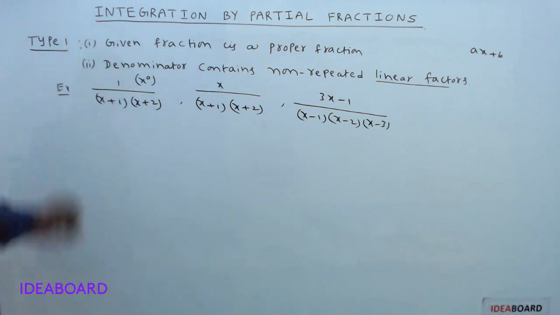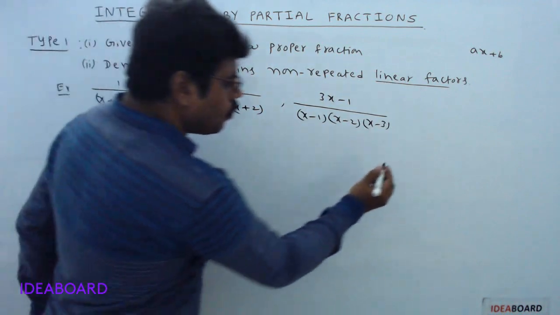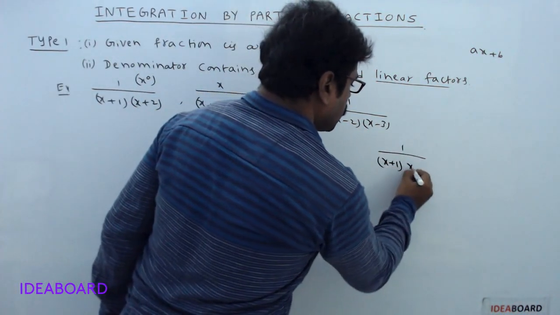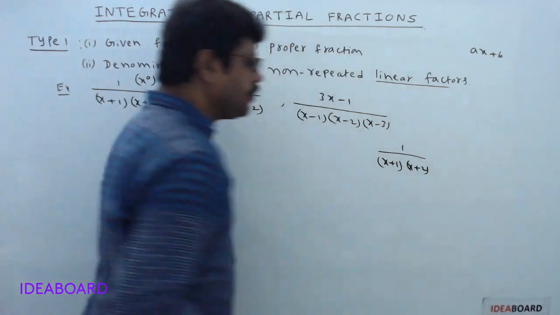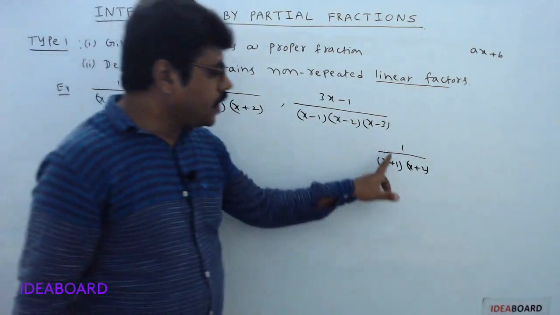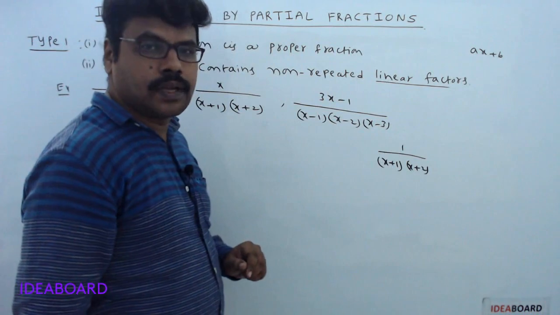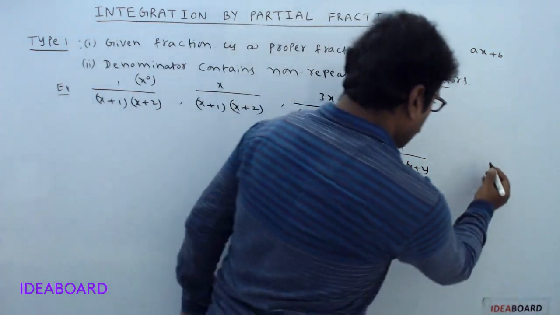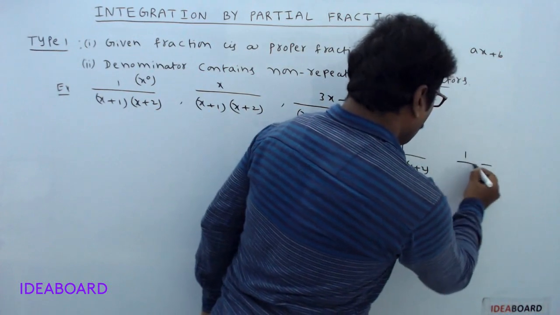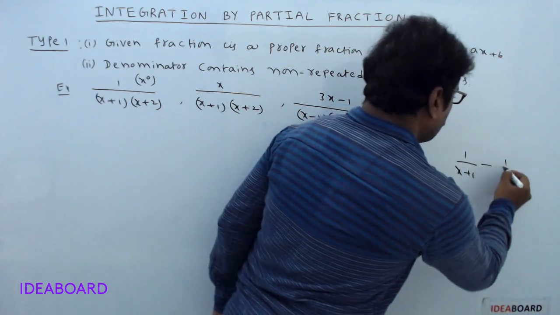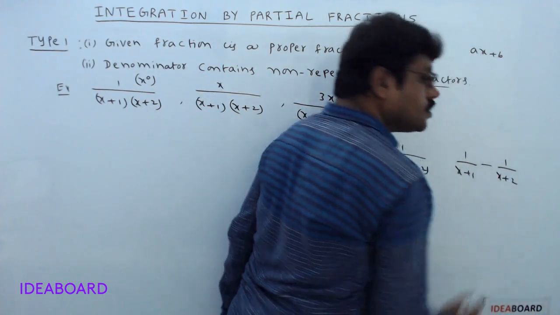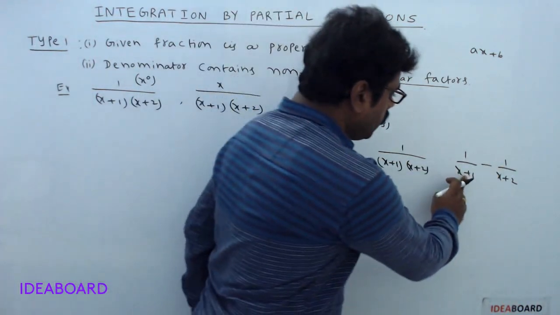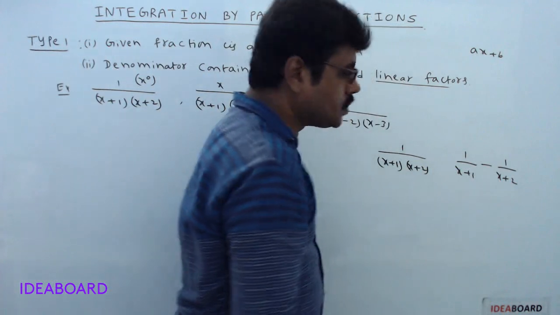Now, take this one. 1 divided by (x plus 1) into (x plus 2). Suppose I write this as the difference of 1 by (x plus 1) and 1 by (x plus 2). Now check this value. What is the LCM? (x plus 1) into (x plus 2).